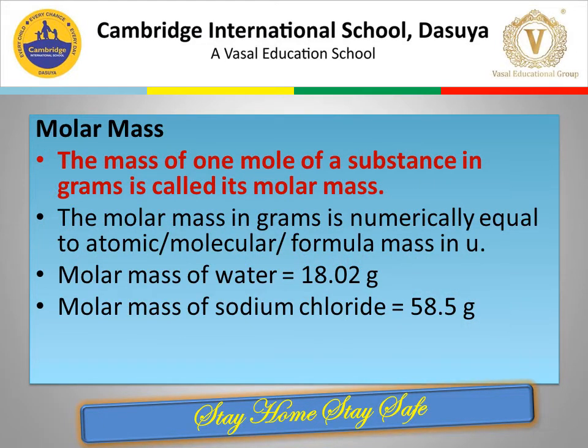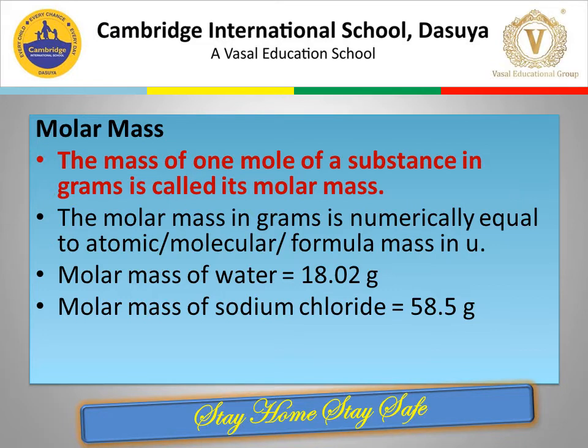Now that we have understood mole, we can find out the mass of 1 mole of a substance or 1 mole of particles. How do you define molar mass? The mass of 1 mole of a substance in gram is called its molar mass. The molar mass is always numerically equal to the atomic, molecular or formula mass in gram.